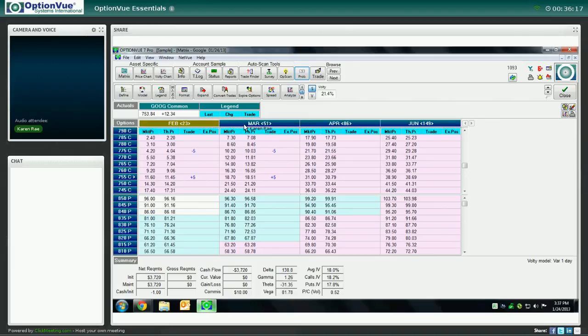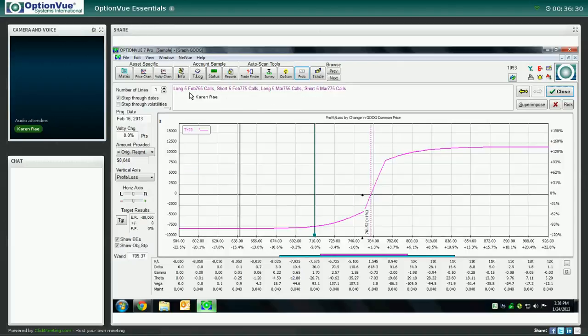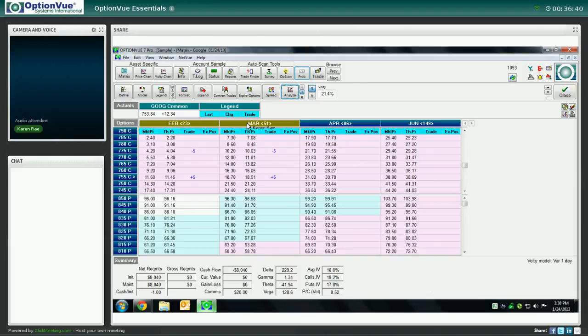All right, so you can do that too, or I can actually even look at both. So if I hold my control key down, I can actually hit both months. And now look what we've got. We've got a convoluted trade, but it's all 4 positions, all 4 legs with 5 contracts in each one.